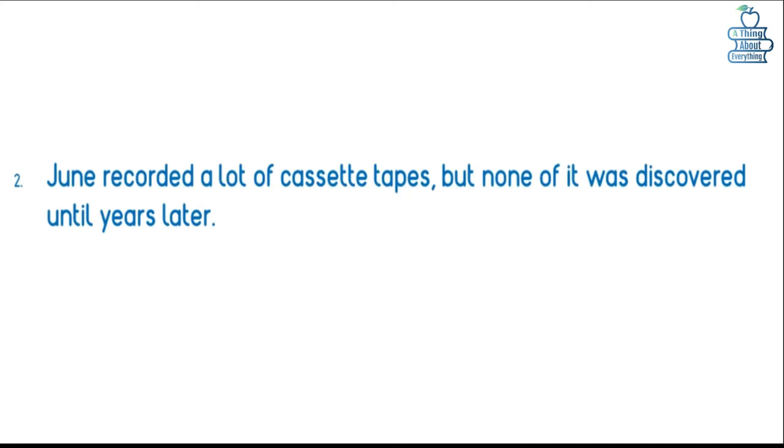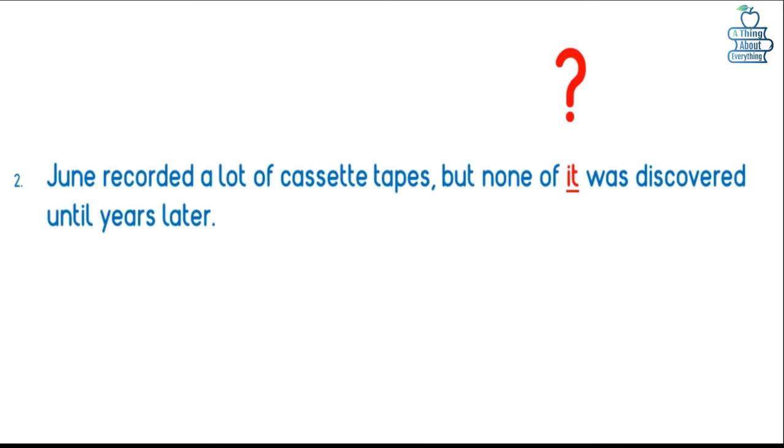On to our second example. June recorded a lot of cassette tapes, but none of it was discovered until years later. Again, it is the pronoun, in this sentence it, that creates an error. This is an example of a weak pronoun reference.